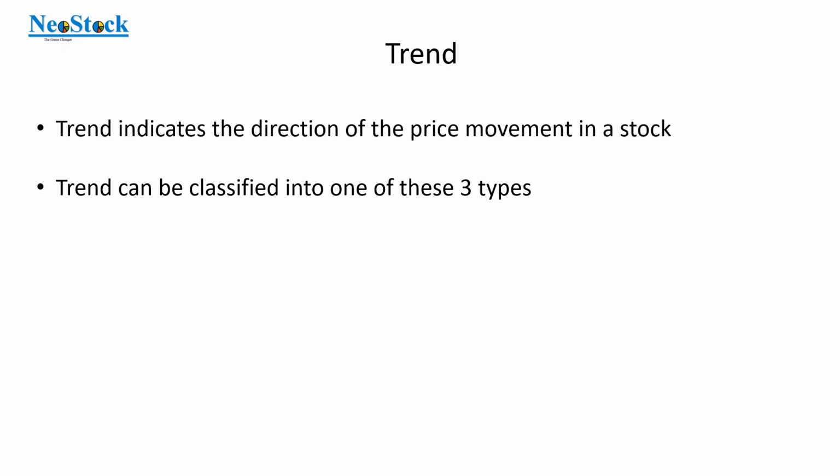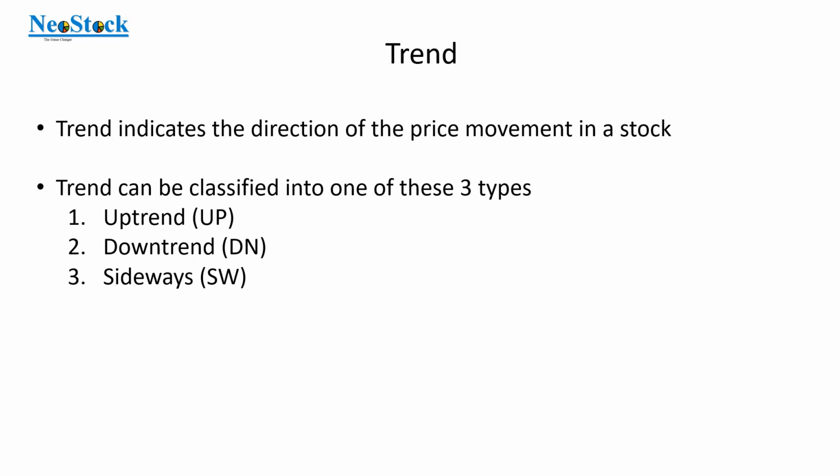Trend can be classified into one of these three types. One is uptrend. In short, we call it UP. The second one is downtrend. In short, we call it DN. The third one is sideways. Sideways means prices are moving within a range.